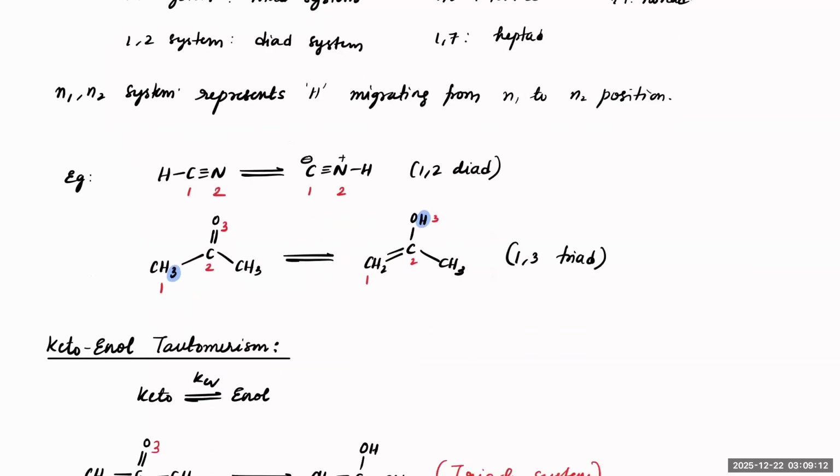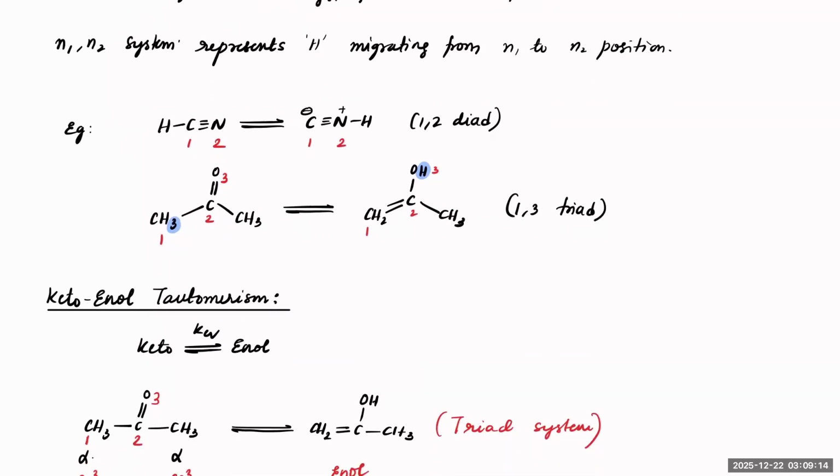Okay. So you can see, for example, this is a diad system where hydrogen is present on carbon, which is first position. The next element is at second position with respect to hydrogen. So now, if this exists in equilibrium, where this hydrogen is found on nitrogen, then this will become cyanic acid. This will be isocyanic acid.